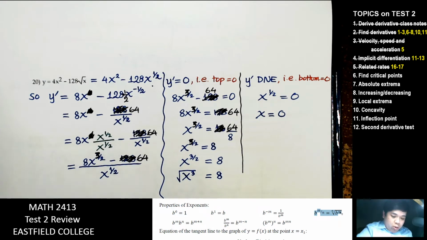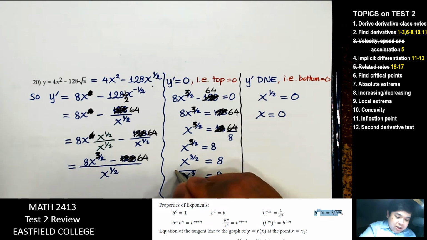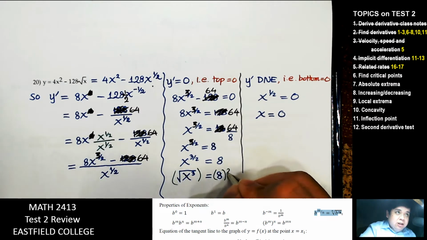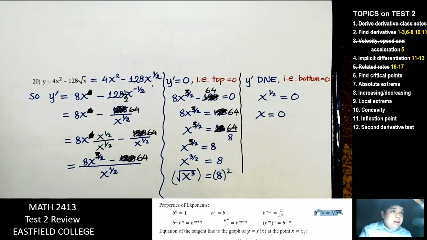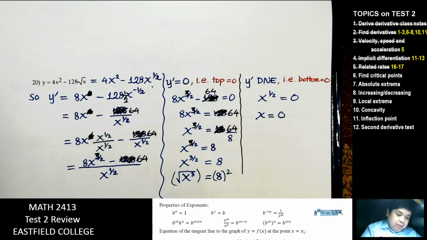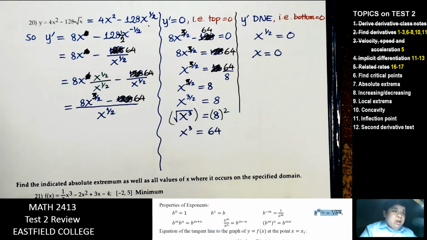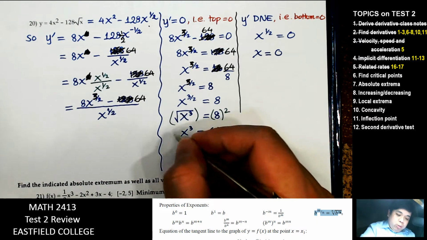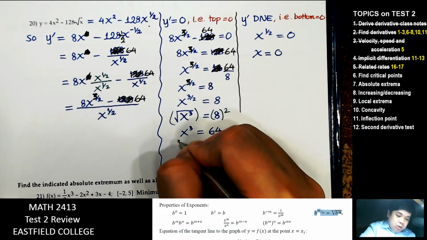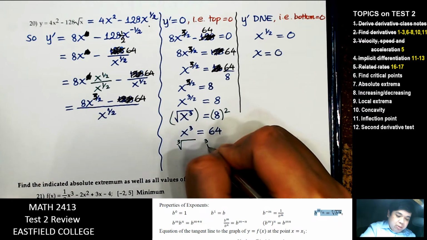So I can square both sides here. And then we take the cube root on both sides. Notice, unlike the square root, the cube root does not require us to have the plus or minus. So we just have the cube root.